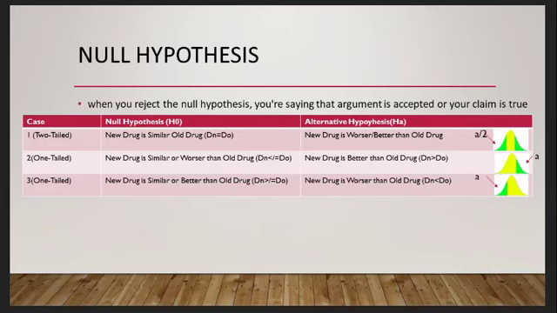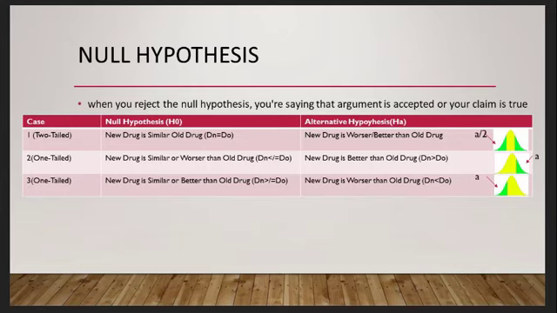So first of all, you make sure the population is normal. If the population is not normal, the sample size needs to be greater. In the previous lesson, we talked about normal distribution and standard deviation.